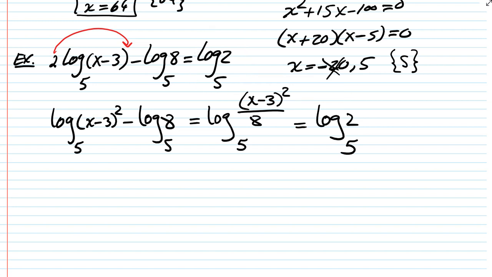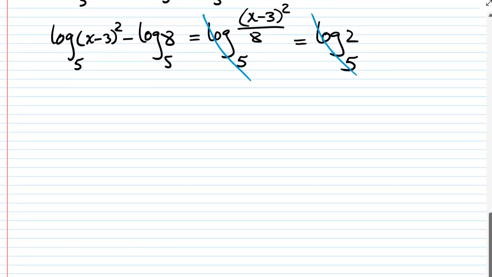Okay. Now we have single logs on the left, single log on the right. We can now cancel them, or think of canceling them. The one-to-one property says arguments must be the same. Therefore, x minus 3 squared divided by 8 is going to equal 2.